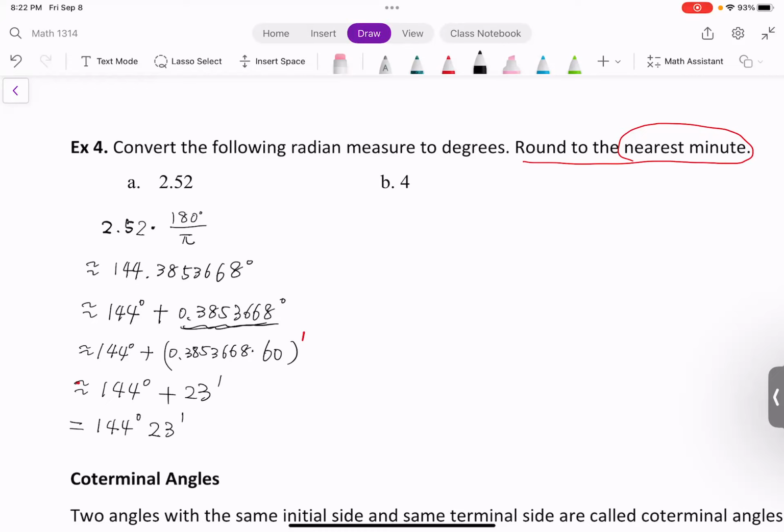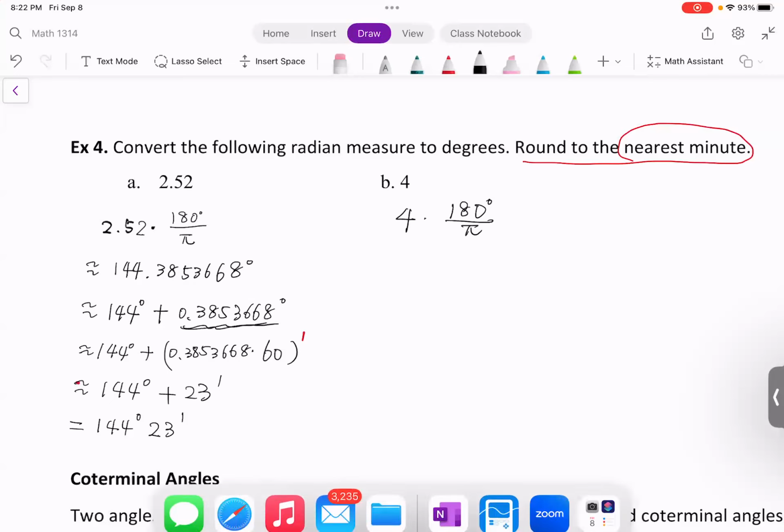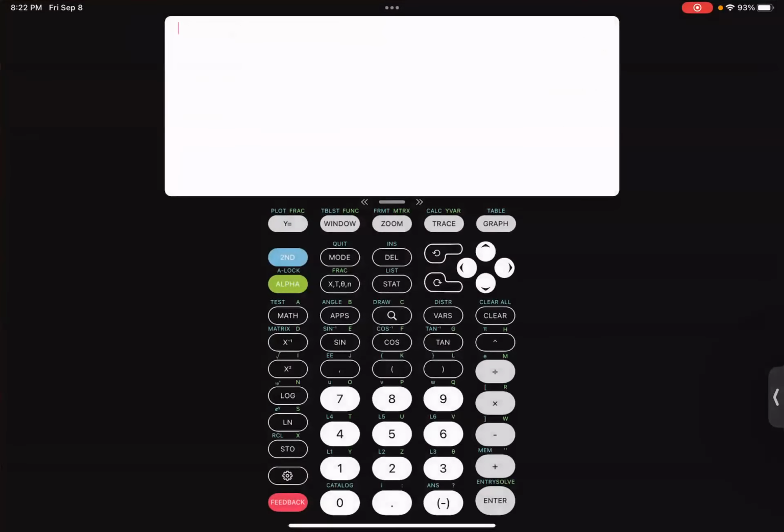All right, so more steps. Let's see the next one. Convert 4 to the degree mode. Let's use 4 multiplied by 180 degrees over pi, and use our calculator to find the solution. That's 4 multiplied by, why did I clear this? 4 times 180 divided by pi, second caret, enter.